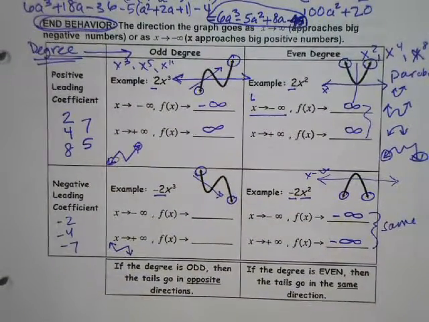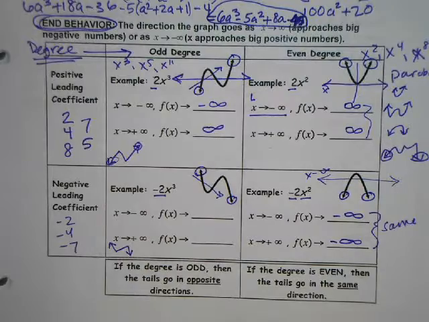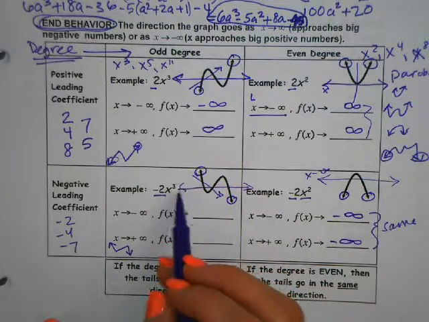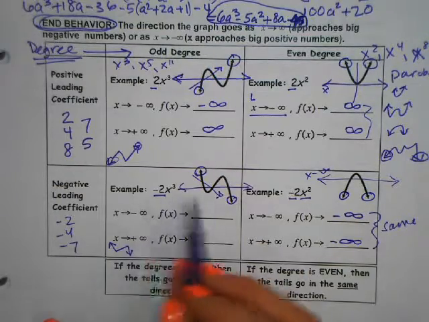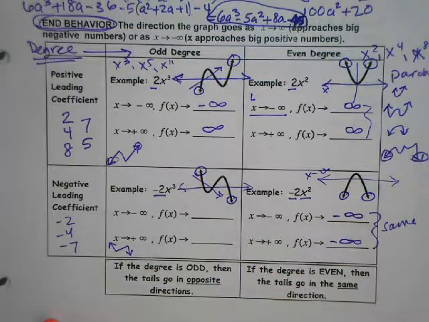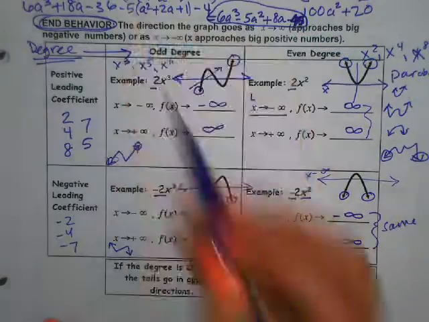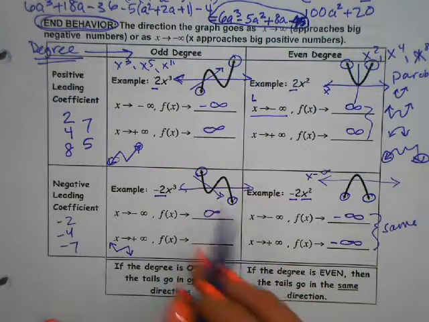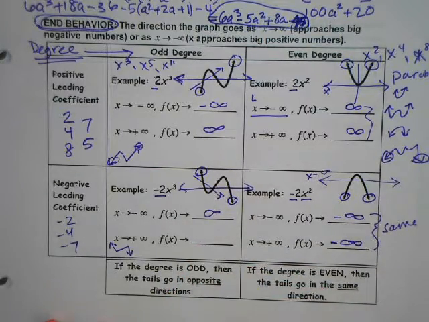Okay, so you're looking at what's the end behavior, what's happening with the ends. So on this one here, as x is going towards the negative, what's happening with the y? What's happening with y? It's going up, right? It's pointing up, so that's infinity. If it's going to the right, what's happening with y?